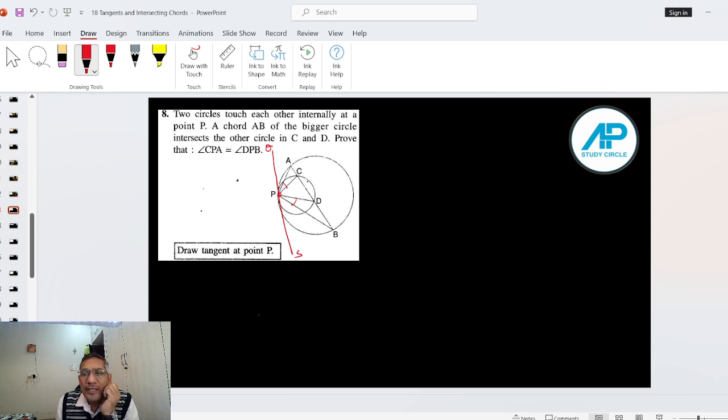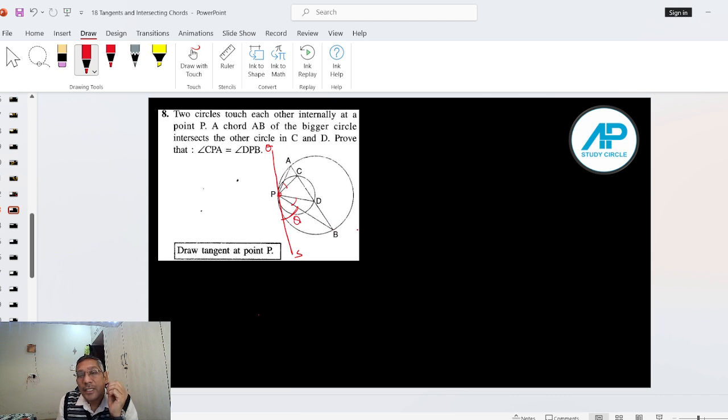Look very carefully. PB is the chord, QPS is the tangent, angle SPB. Angle SPB is the angle between chord and the tangent.